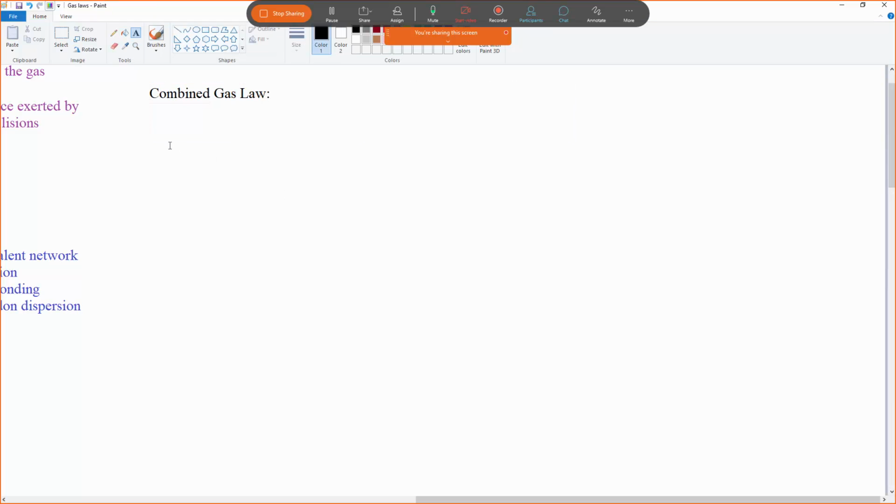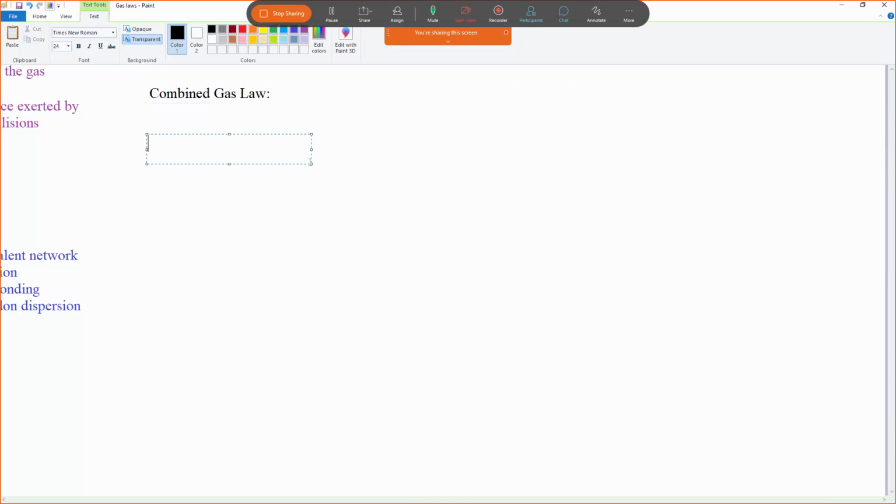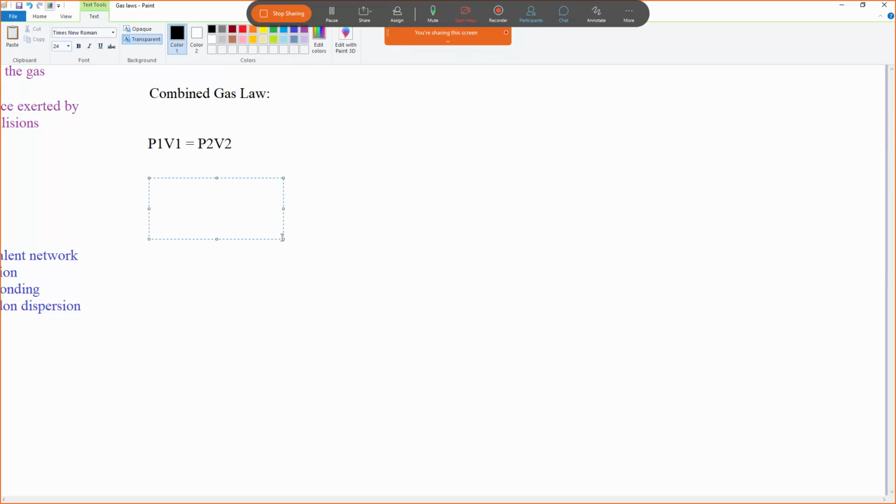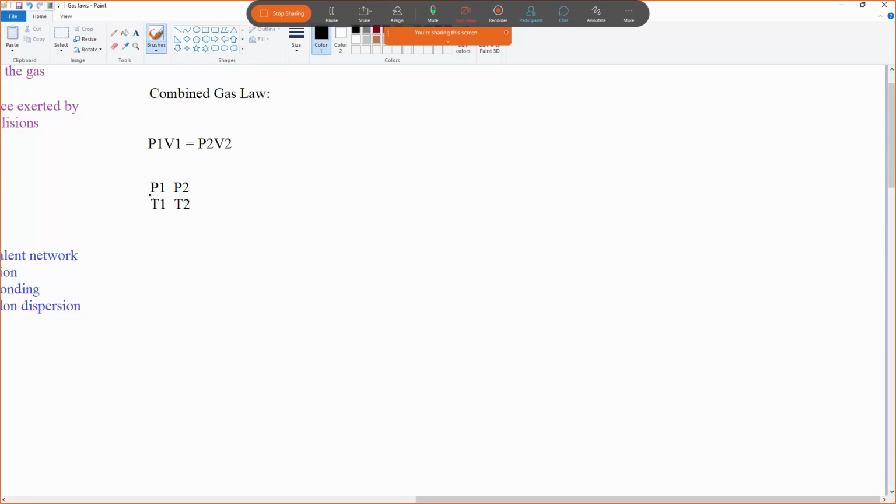So it combines, we had P1 V1 is equal to P2 V2, right? That was Boyle's law. And then we had P1 over T1 is equal to P2 over T2. This was Gay-Lussac's law.